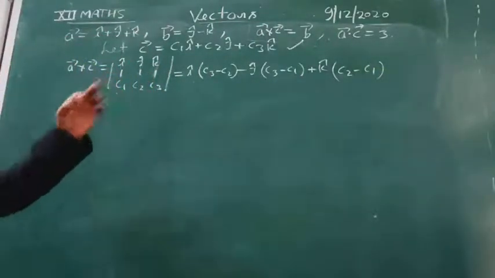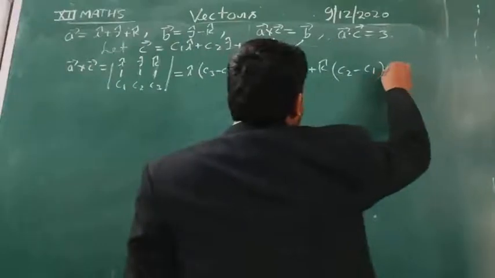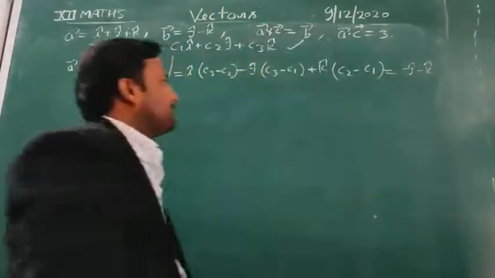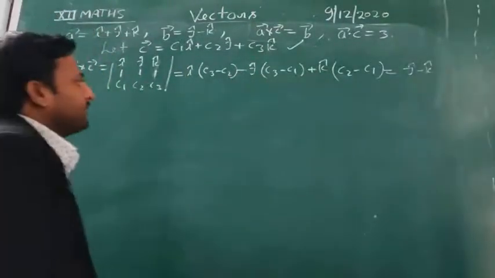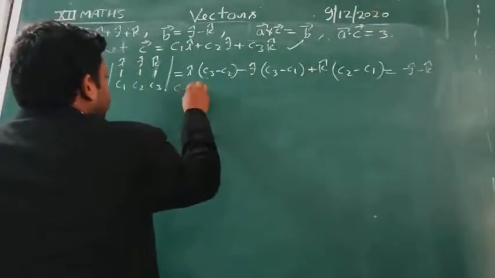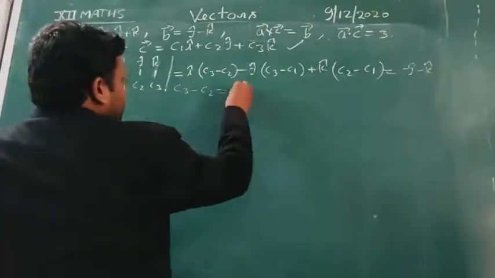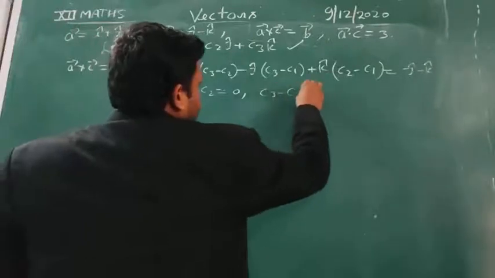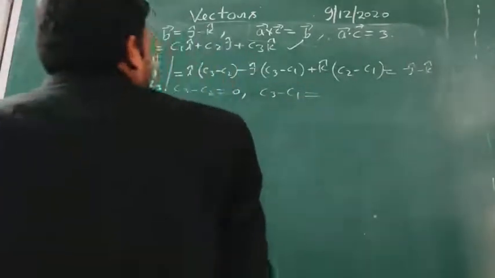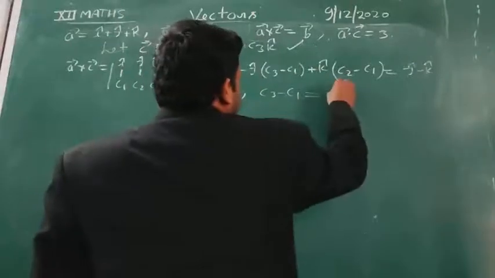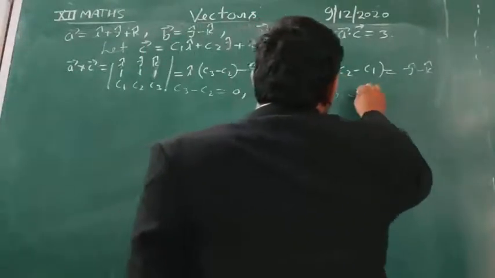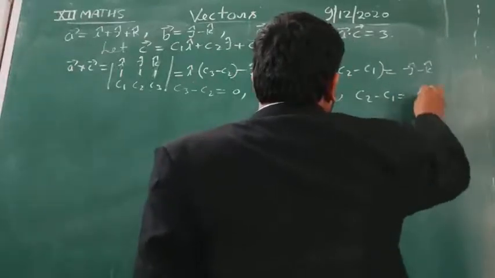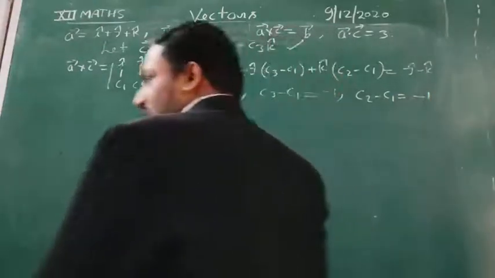And this A cross C is equal to the vector B, which is J minus K. Now when we compare both sides, we get C3 minus C2 is 0, C3 minus C1 is minus 1, and C2 minus C1 is also minus 1.